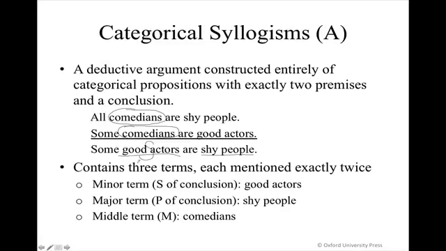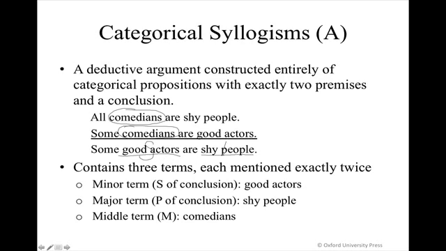When we move to looking at the categorical syllogism, we are going to use S to designate the subject class of the conclusion. So if you're not already given your argument in standard form, you're going to first want to identify the conclusion so that you can identify the subject class.